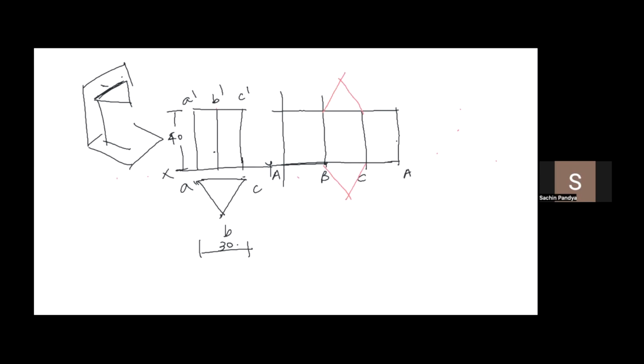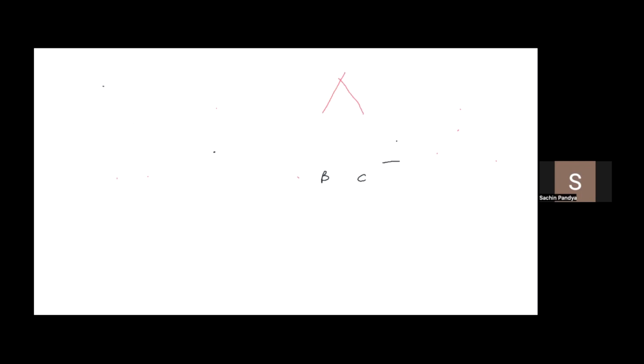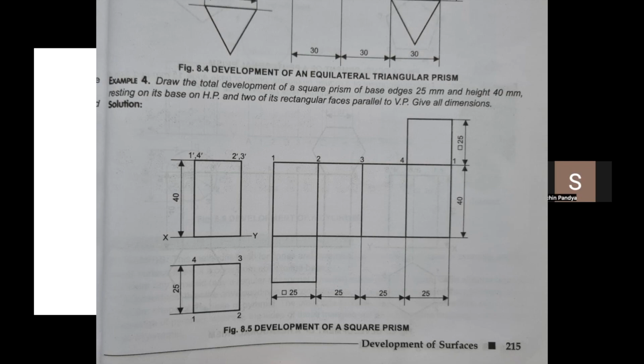So I'll erase this. So in this square prism, draw the total development of a square prism of base 25 mm and height 40 mm, resting on its base on HP with two of its rectangular face parallel to VP.